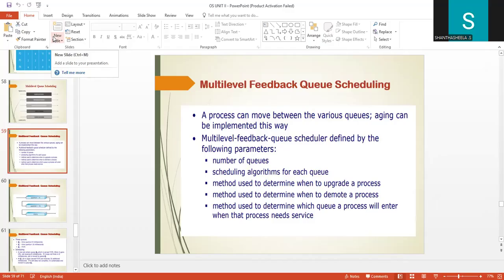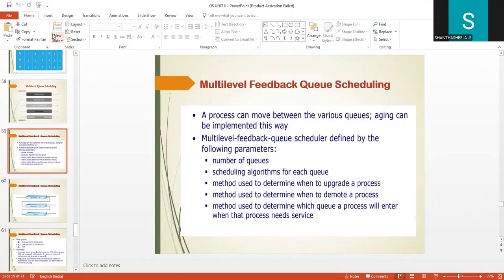The multi-level feedback queue scheduler is defined by the following parameters: how many queues are needed in order to schedule the processes, what scheduling algorithm is implemented for each queue, and the method used to determine when to upgrade a process and when to demote a process.